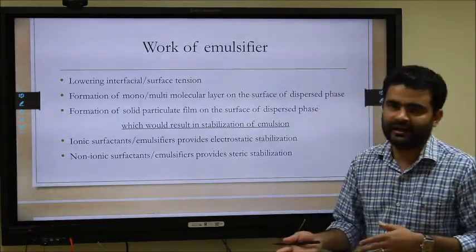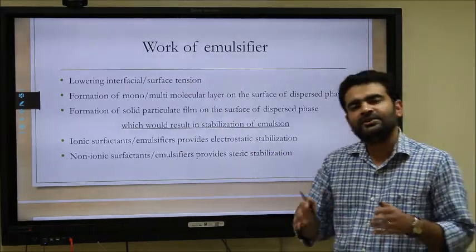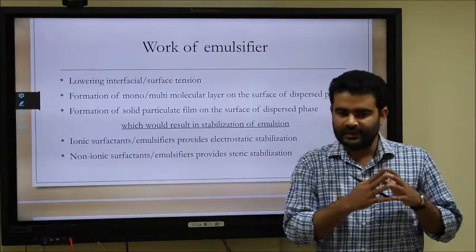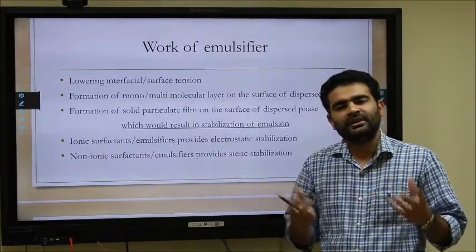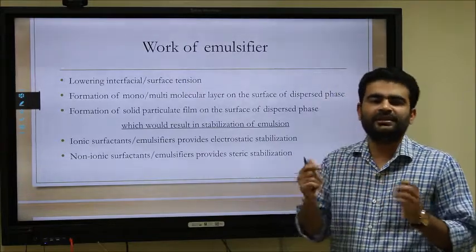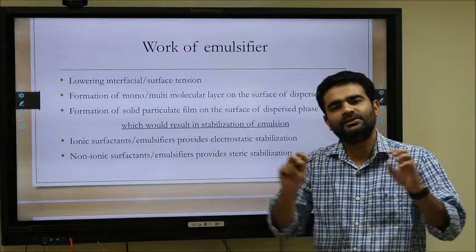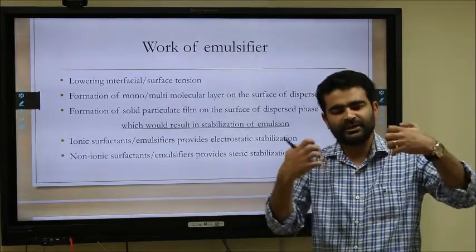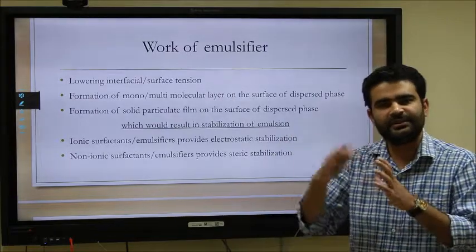Both anionic and cationic surfactants come under the ionic surfactants. Because of their polarity, the ions present will ultimately cause electrostatic stability. That means there are electrostatic repulsive forces between the globules. The electrostatic forces allow them to stay in the dispersed phase.